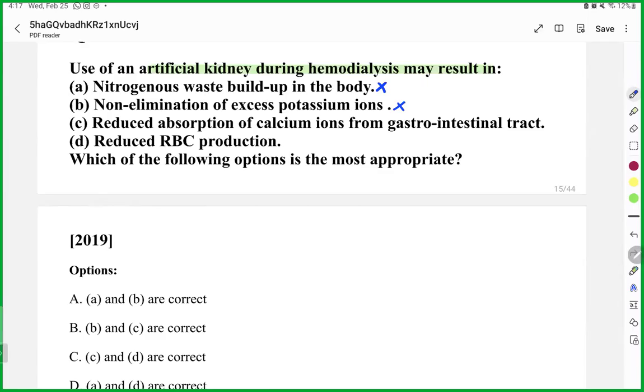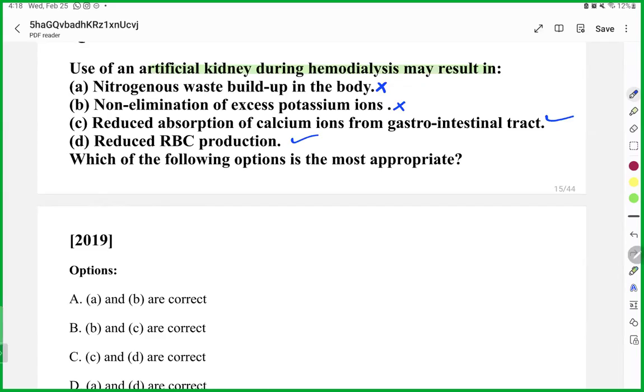Sir, I think this is true. D is also true, because the main focus of the artificial kidney is to remove nitrogenous waste.